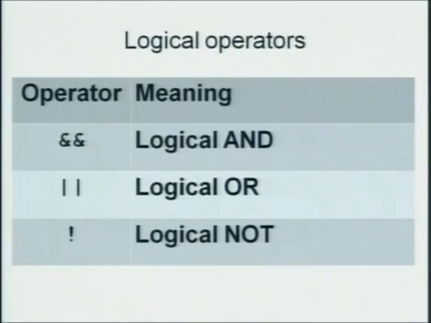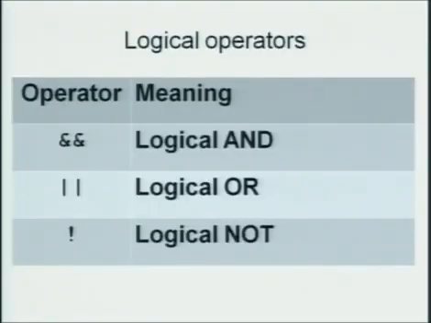Next, logical operators. Logical operators are used to perform logical operations. Logical operations means they are used to combine two conditions basically. The first one, logical AND, two ampersands are given, when you have to perform two operations, first operation and second operation. If both operations are true, then the result is true. Likewise, second is the OR operator that we have seen in C and C++. Same operators are used in Java also.